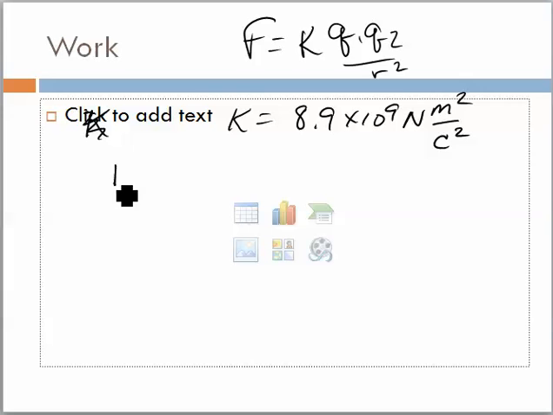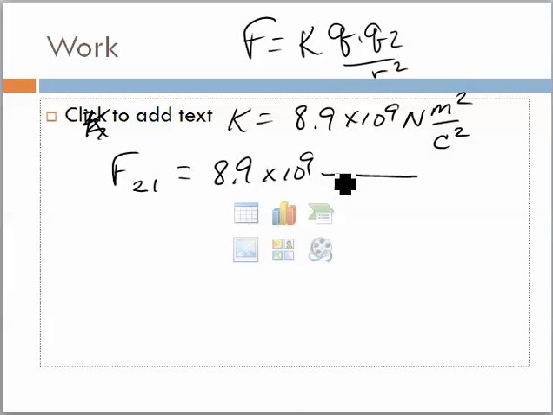If I wanted to find the force on 2 due to 1, that would be 8.9 times 10 to the ninth, and then I'm going to put the two charges in.